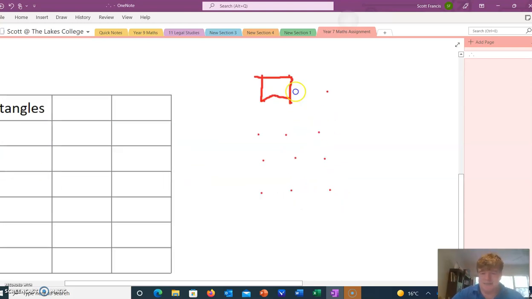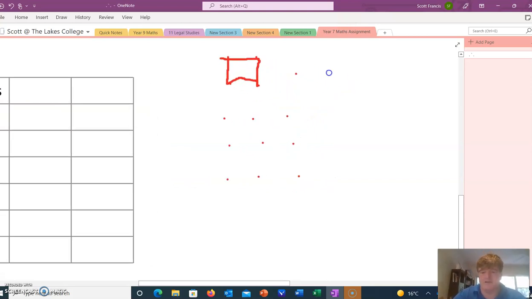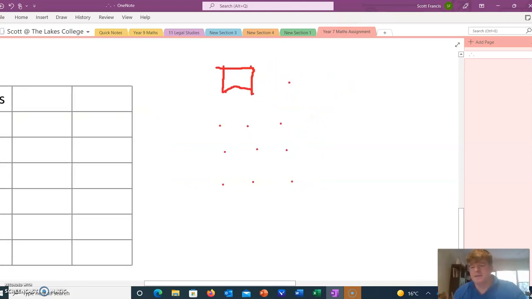Now, as they ask us to do it, they do ask you to do it in a systematic way, and a different rectangle for each one. So each new rectangle should have a different diagram.